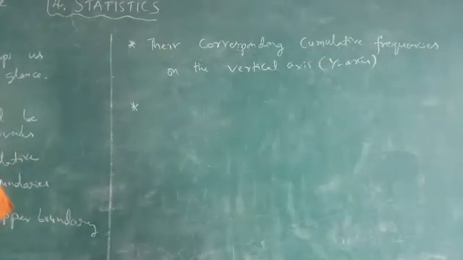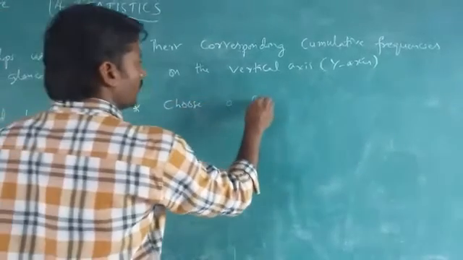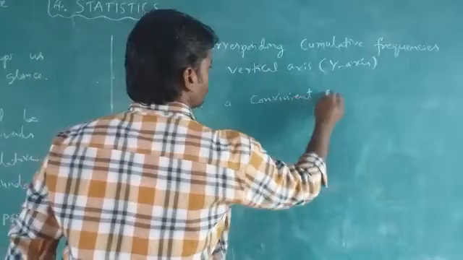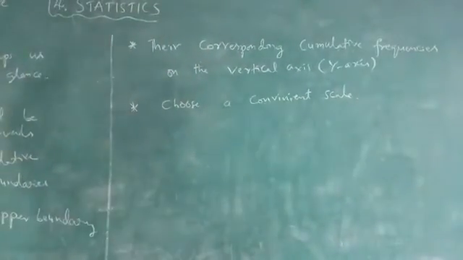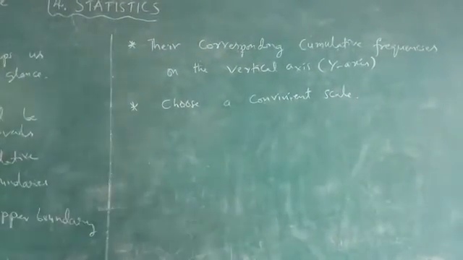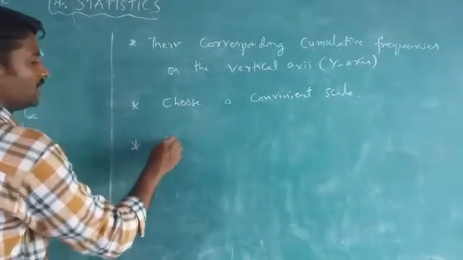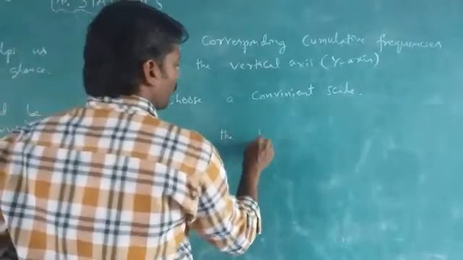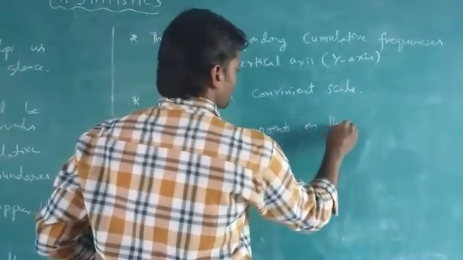Now after that, what to do here? We have to choose a convenient scale. Means on the x axis, 1 centimeter is equal to 10 units, like that we will take. Now after that, we have to plot the points that we get on the graph sheet.